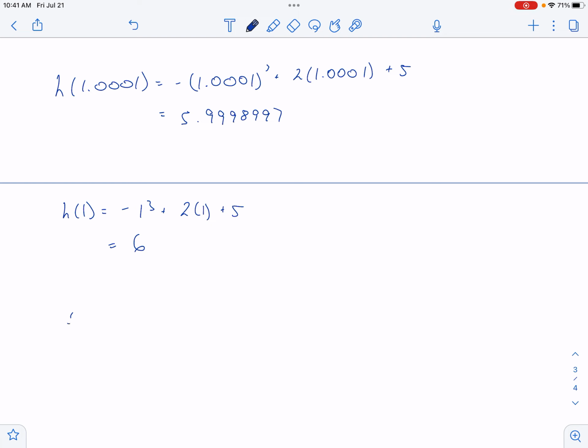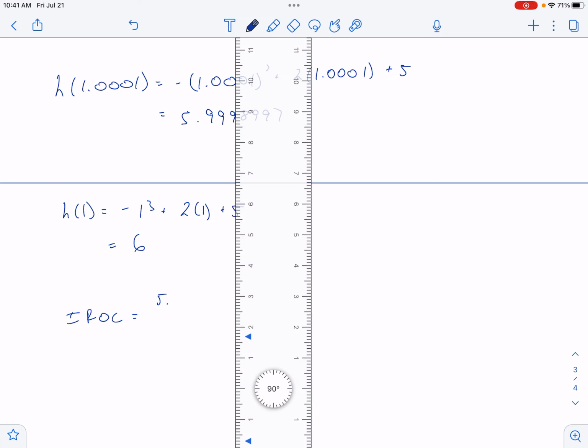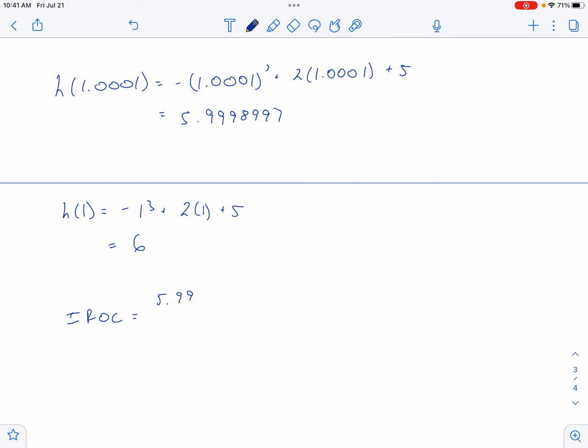And so we can find our instantaneous rate of change by going 5.99989997 minus 6, divided by 1.0001 minus 1.